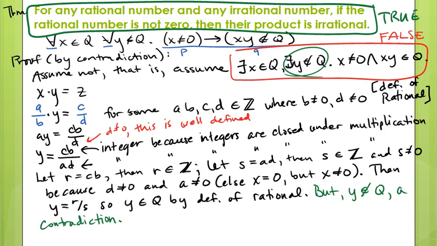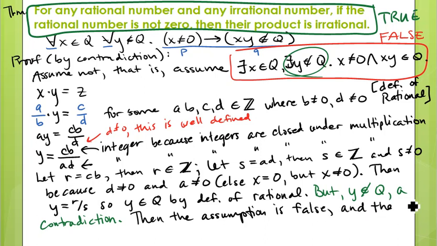So that's the whole idea behind a proof by contradiction, is that you show that the theorem is true by showing indirectly that the negation of your theorem is false. And so we can say, because we reached a contradiction, that then the assumption that we made is false, and that means that the theorem is true.